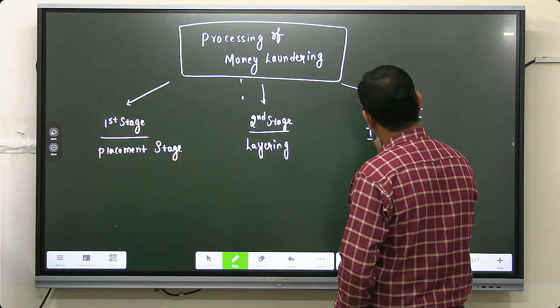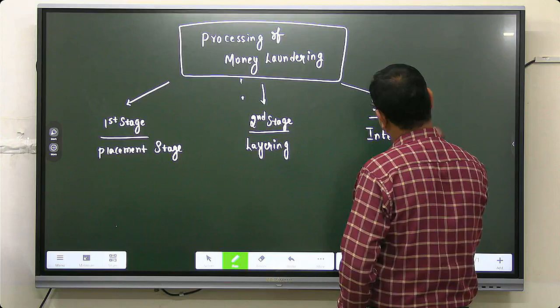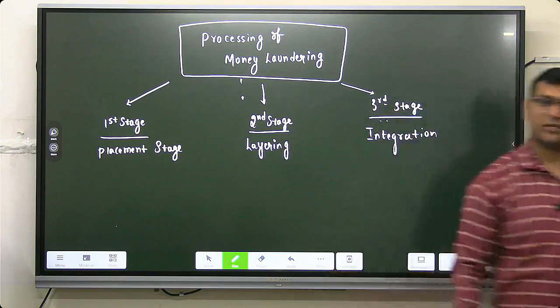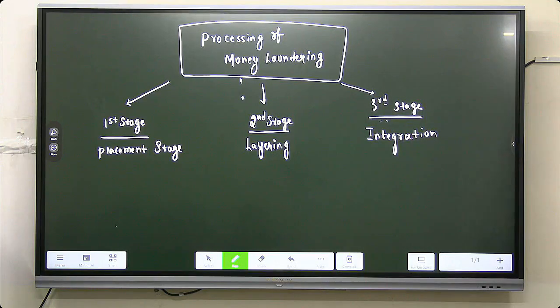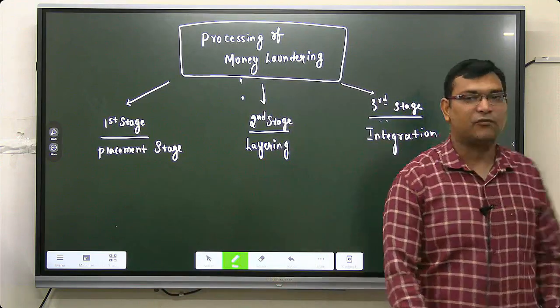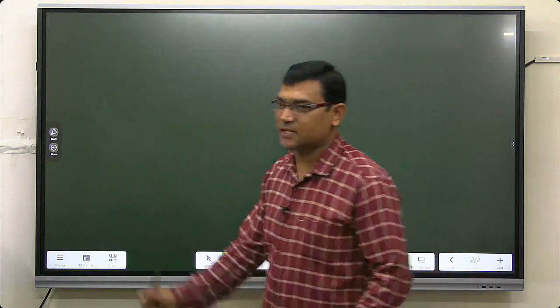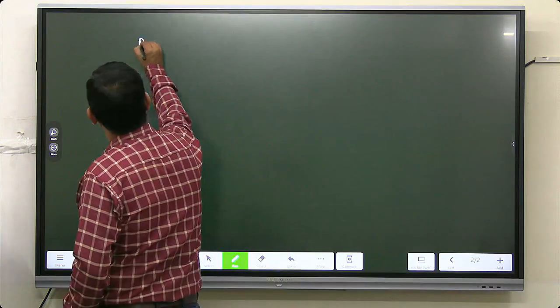Okay, I'll tell you. Let me recall everything. Recap. Okay, first stage. See, in the first stage, that is a placement stage. In the placement stage, what we are trying to do here?